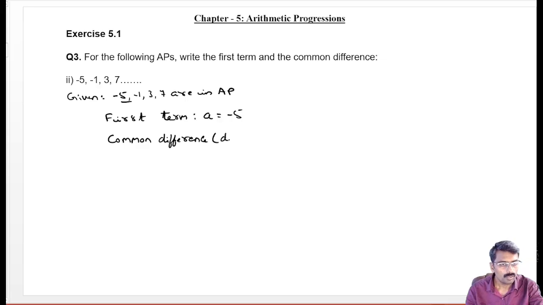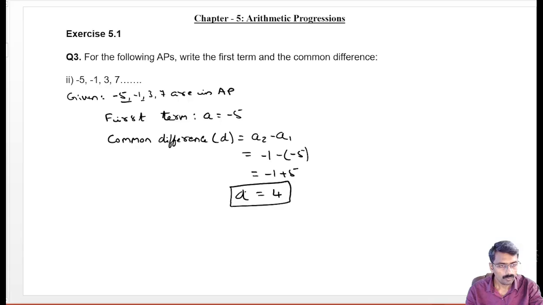Common difference D will be equal to A2 minus A1, current minus previous term. A2 here is minus 1 and A1 is minus 5, minus of minus 5. This is equals to minus 1 plus 5. This would be equal to 4. So D is 4. Our answer is first term minus 5 and the common difference is 4.